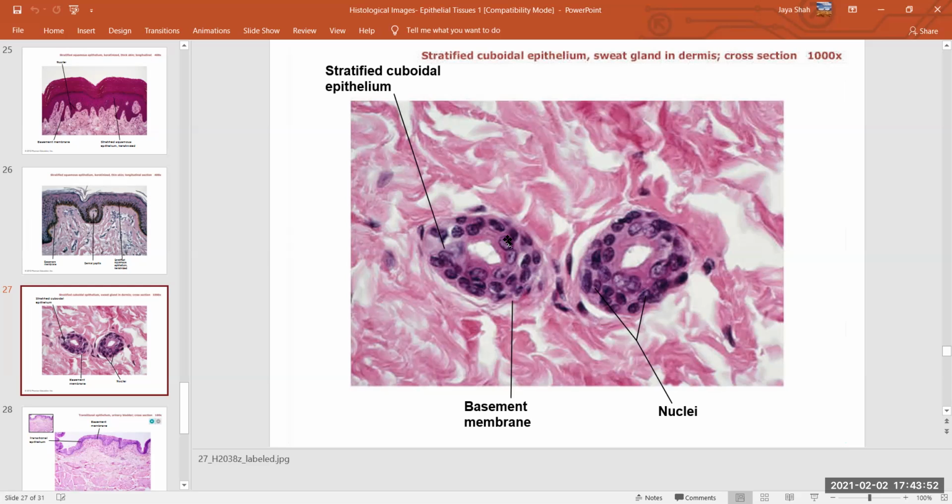And then this is the wall. And here is the basement membrane outside. If you count from here, somewhere there are three layers, 1, 2, 3. Here there are 2 layers, that's why we call them stratified. And what kind of cells are there? They look cuboid. So we call them stratified cuboidal.